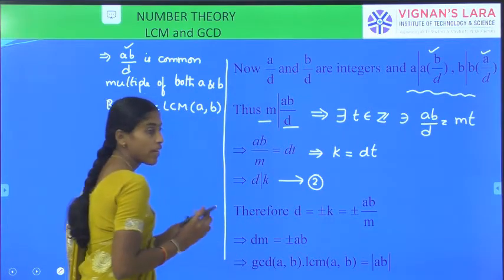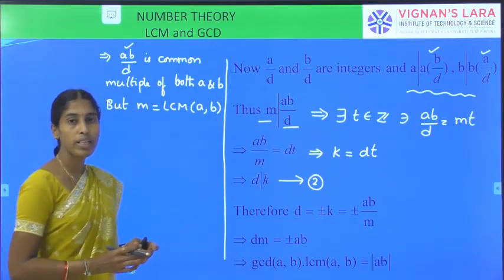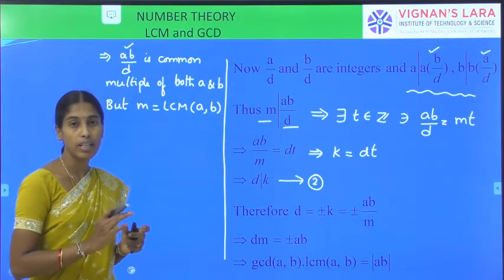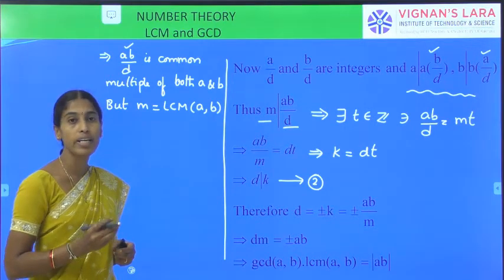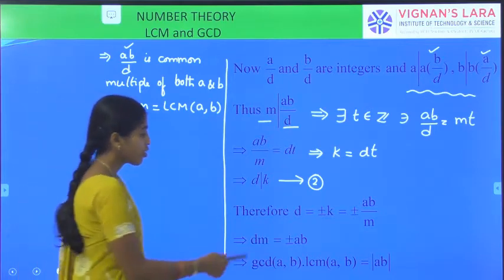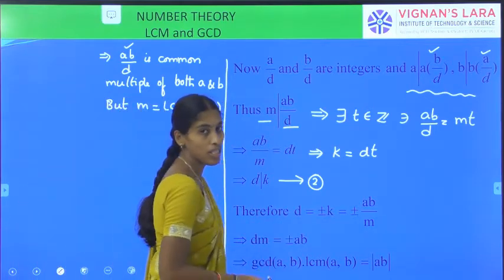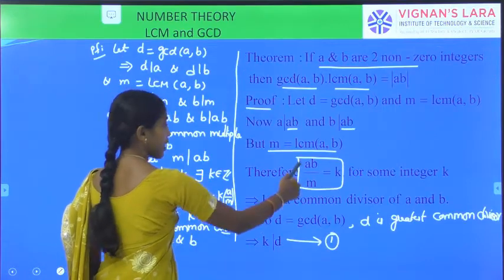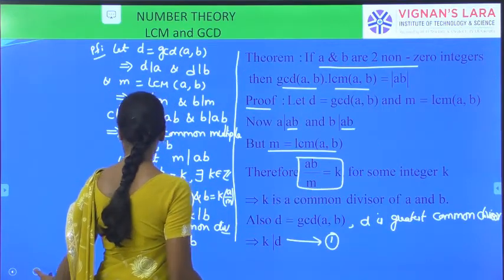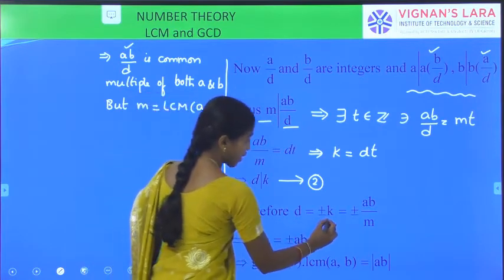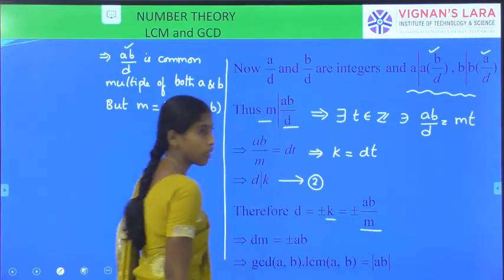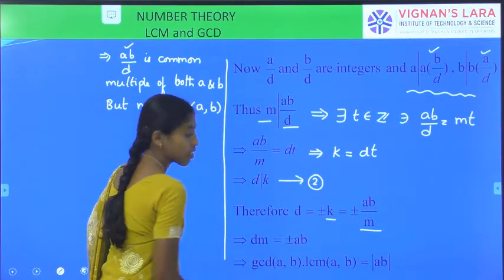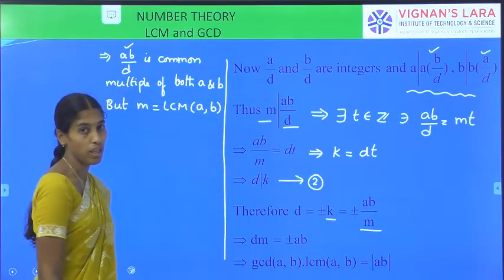Therefore, whenever A divides B and B divides A, the meaning of that is either both are equal, or A is equal to minus B. So we get D is equal to plus or minus K. What is K? K is AB by M. So replace this K by AB by M. Take this M to the other side, D into M is equal to plus or minus AB.